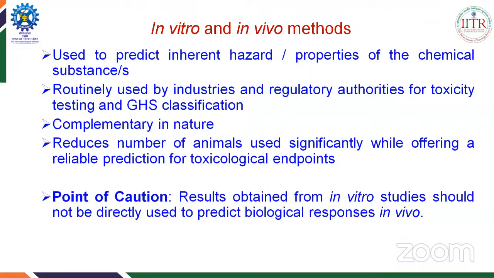One point of caution: data from in vitro studies should not be directly used to predict a biological response. As I said a couple of slides earlier, it is very obvious. In vitro will only give you an indication. It is kind of indicative. In vivo studies are more closely related to the actual biological response inside a biological system.